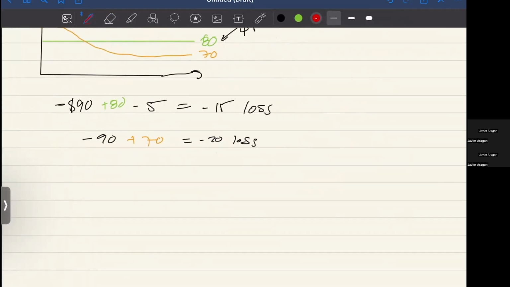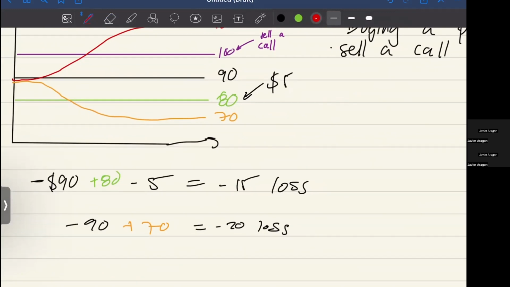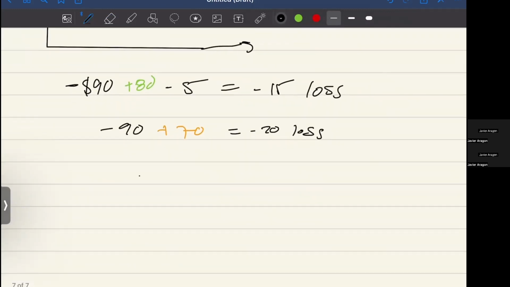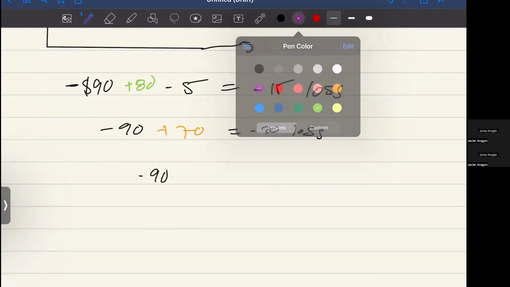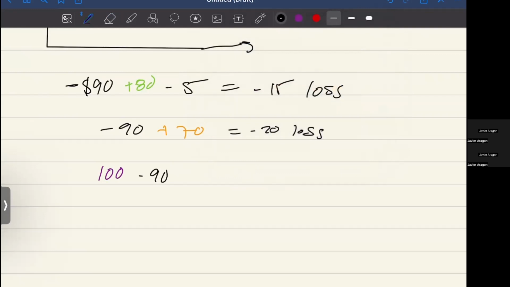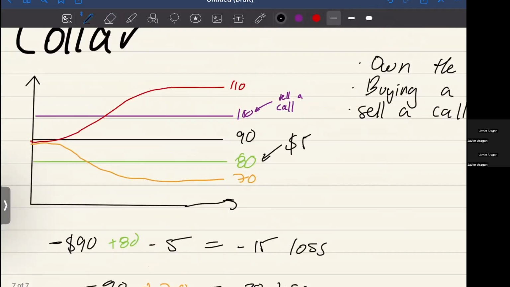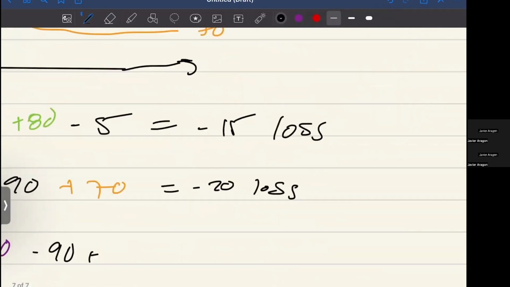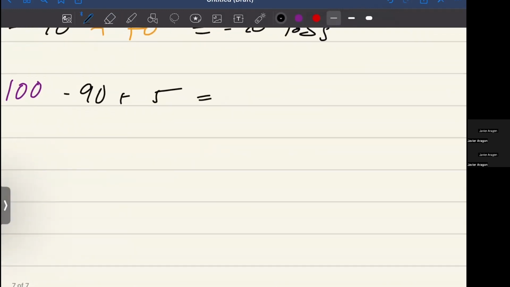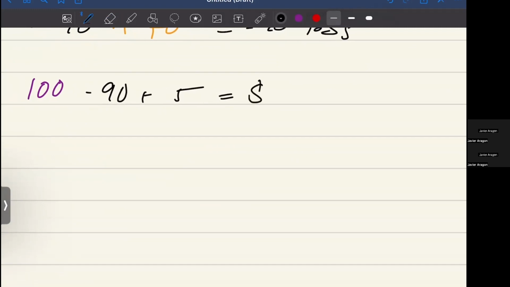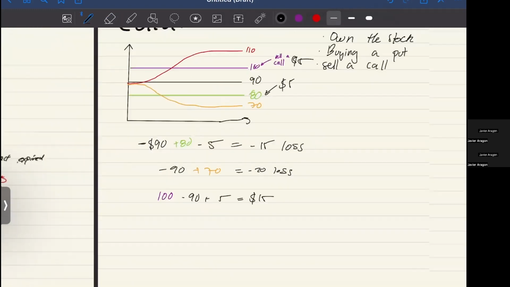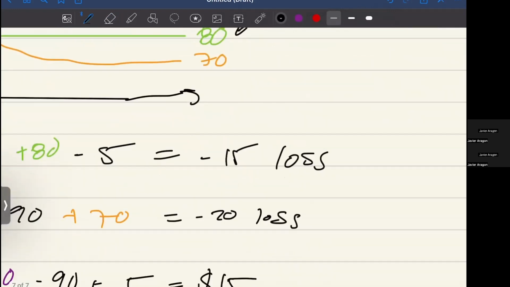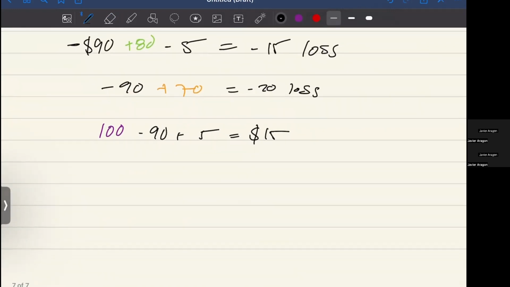So again, you're still going to make a profit out of the 100 because you bought at 90, you sold at 100, and you also made, let's say this was also $5, and you made those $5. So you made a $15 profit. So if it was 110, again, this is your opportunity cost loss. You have 110 minus 90. That could have been a $20 profit.